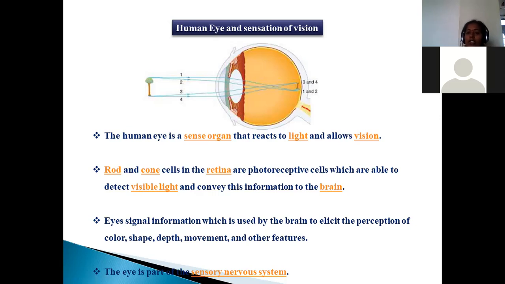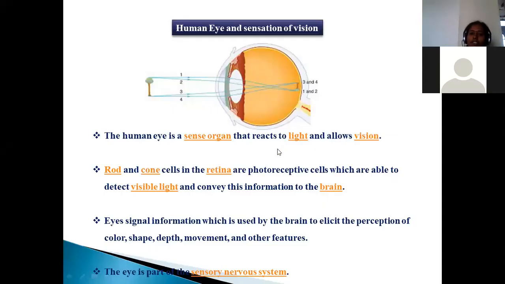To see objects in our surroundings, the eye utilizes visible light, which is essential for our visionary action. It is a sensory organ used to react with light and impart vision. The human eye is composed of rods and cones, which are used to capture the image.